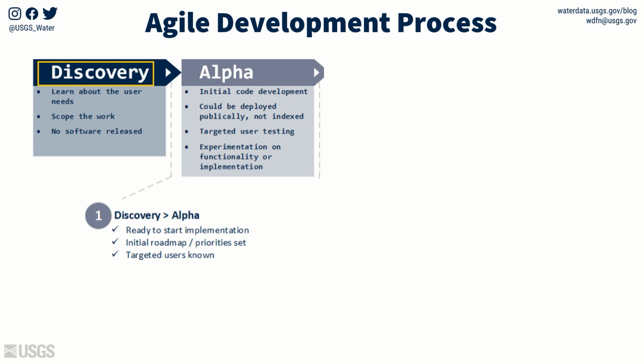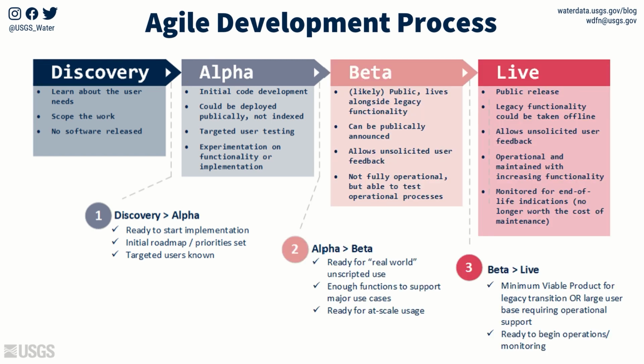After we understand priorities and key user needs from the discovery, we begin prototyping and developing code-based solutions in the alpha phase. Both the discovery and alpha phases of development take place internally, out of the public view. After we test and experiment in the alpha phase, and after enough functionality is present to support our major use cases, we release products in beta to the public.